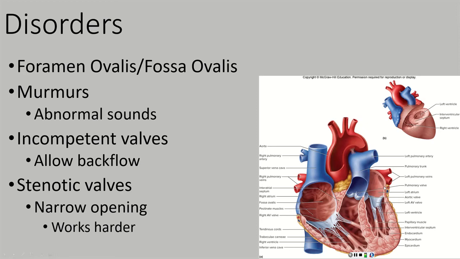Over on the left side of the heart, here we have the left atrium, and the left atrium has these things called the pulmonary veins. There's two coming here from the left lung and two over here coming from the right lung that empty into the left atrium.